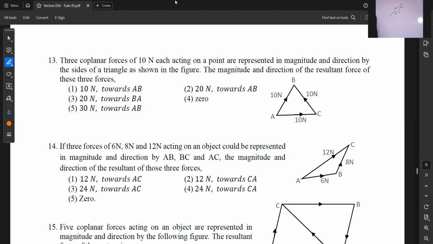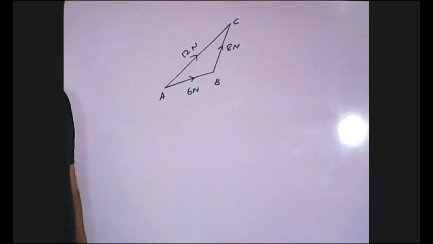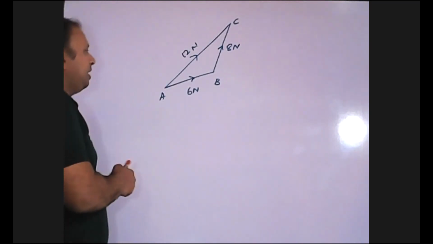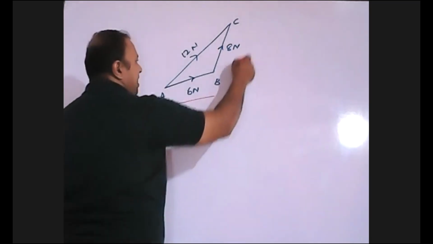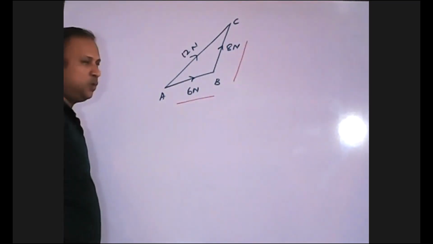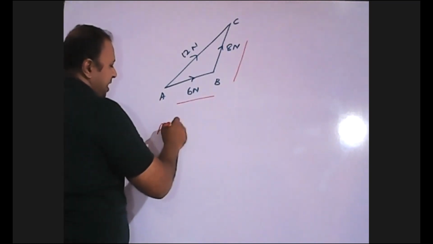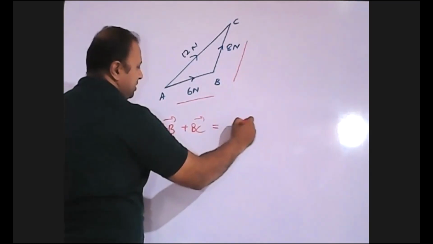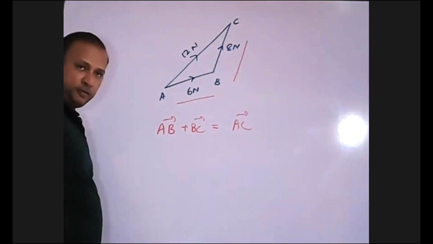Okay, it is the same theory. We can apply the same theory. These two forces are in the same order, so I can add those two, no? AB plus BC is equal to the AC vector.